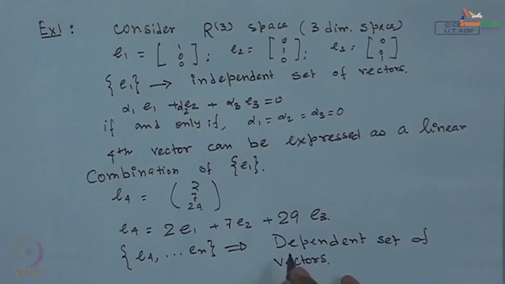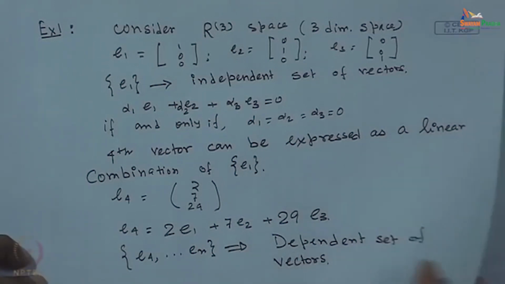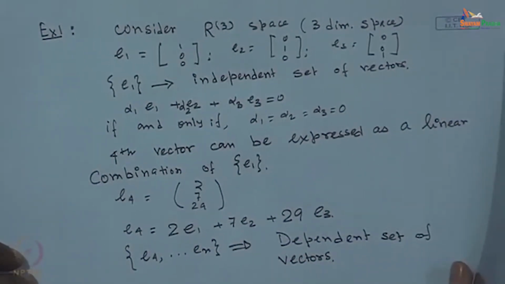Okay. Next we talk about something called the basis of vectors, or basis set. It is very important.